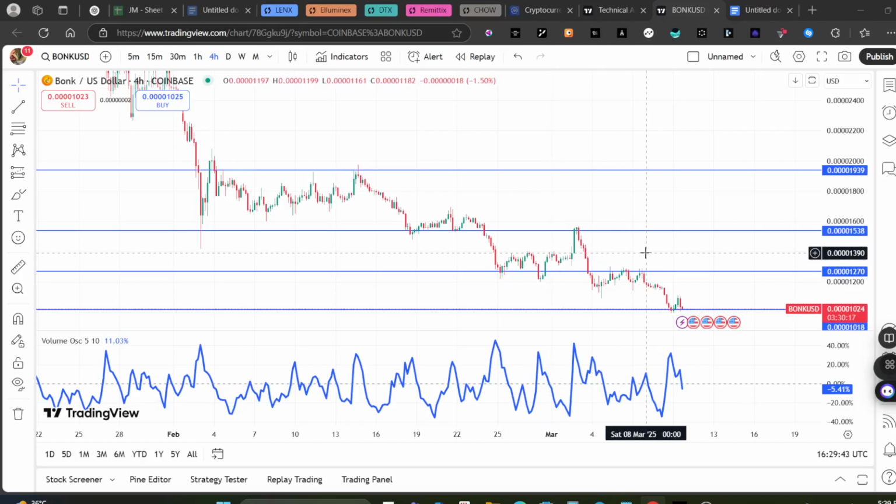The volume oscillator helps confirm trends, spot reversals, and improve trade timing. It's a must-have tool for any serious day trader. Stick around because I'll show you how to set it up, how to use it, and how to avoid common mistakes that traders make with volume-based indicators.